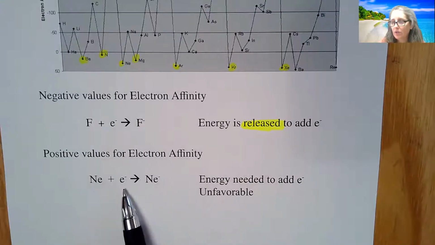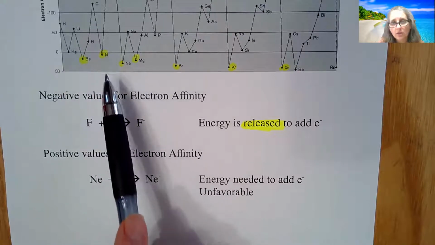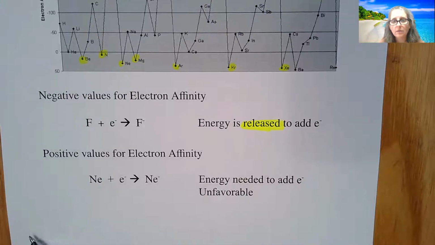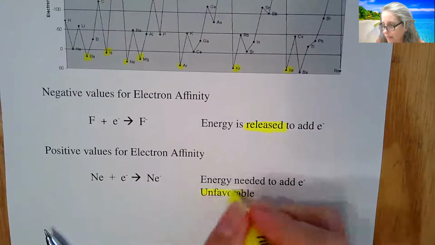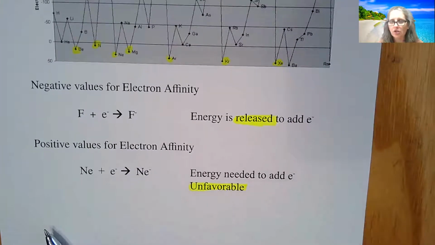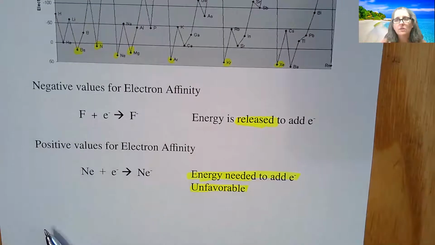If I add an electron to something that has what we call a positive value, or something less than 0 on this particular graph, meaning it's positive, it is going to be what we call unfavorable, okay? Endothermic-ish, meaning I need to add energy to it in order for this to happen. So again, that's not going to be very favorable when we look at different situations.